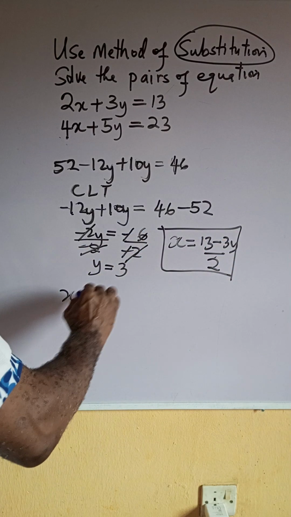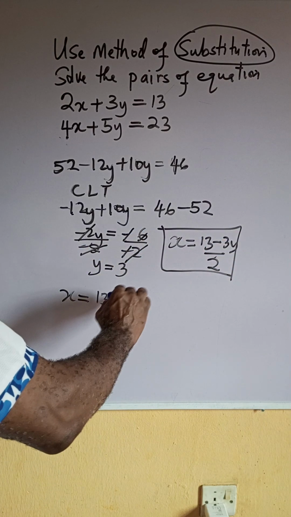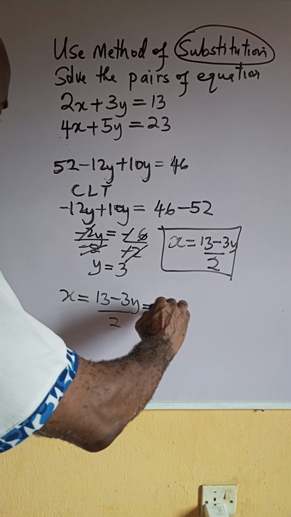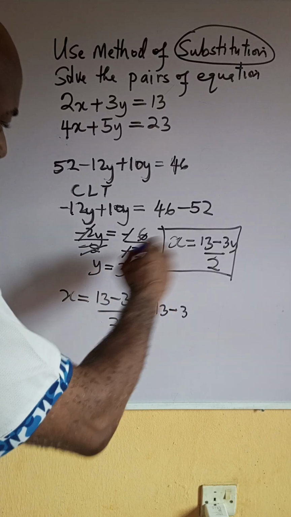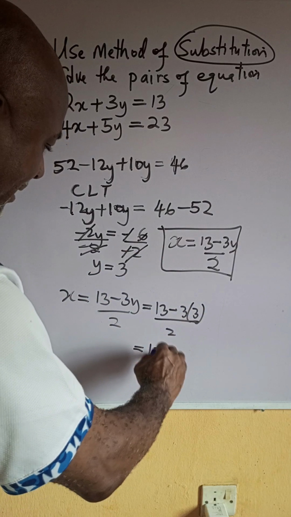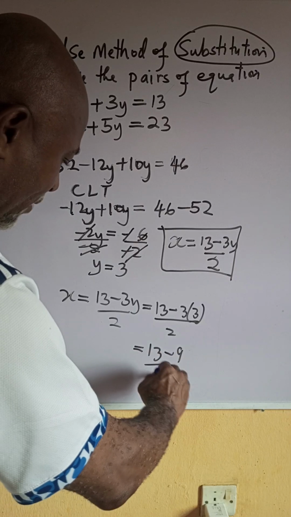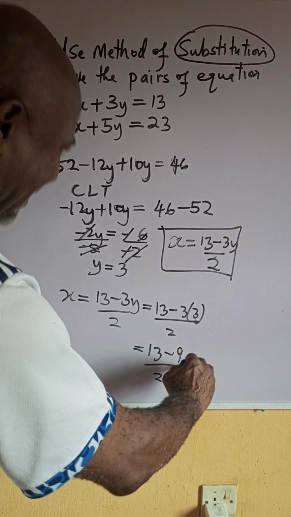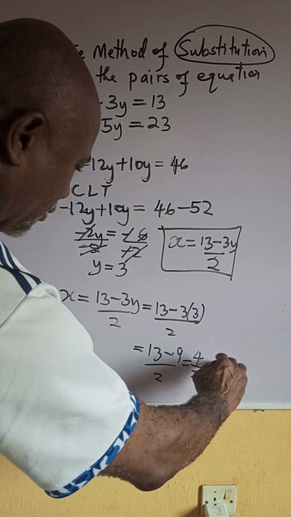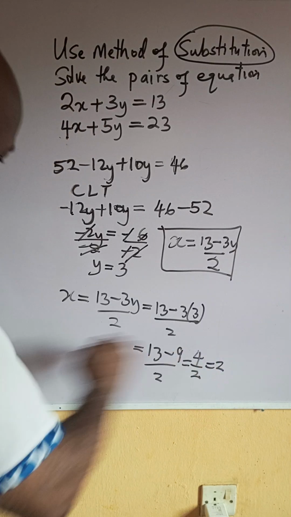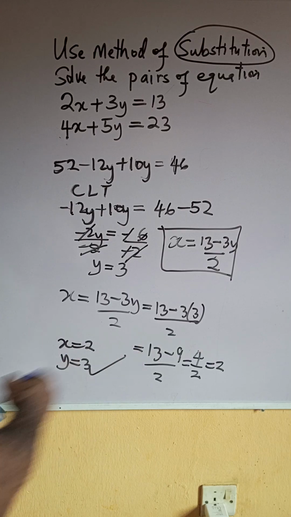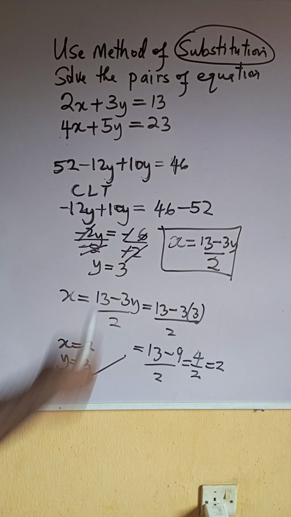So x is equal to 13 minus 3 times 3 all over 2, which is equal to 13 minus 9 all over 2. 13 minus 9 is 4. 4 divided by 2 will give us 2. Therefore, x is equal to 2 and y is equal to 3. And that is the solution to this equation.